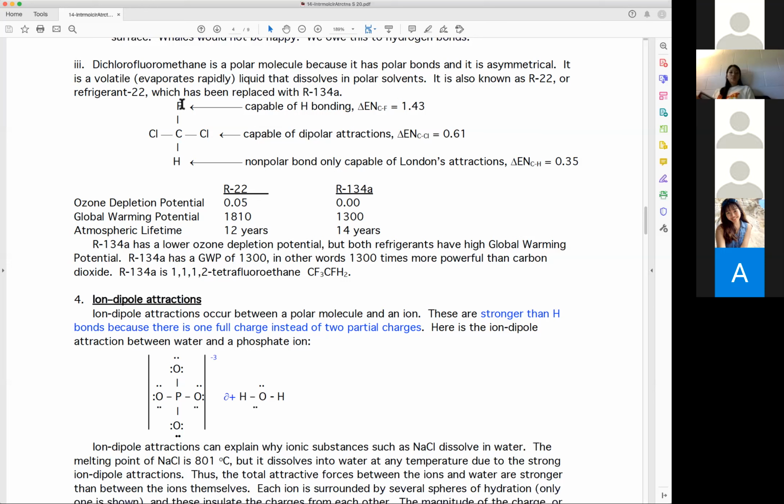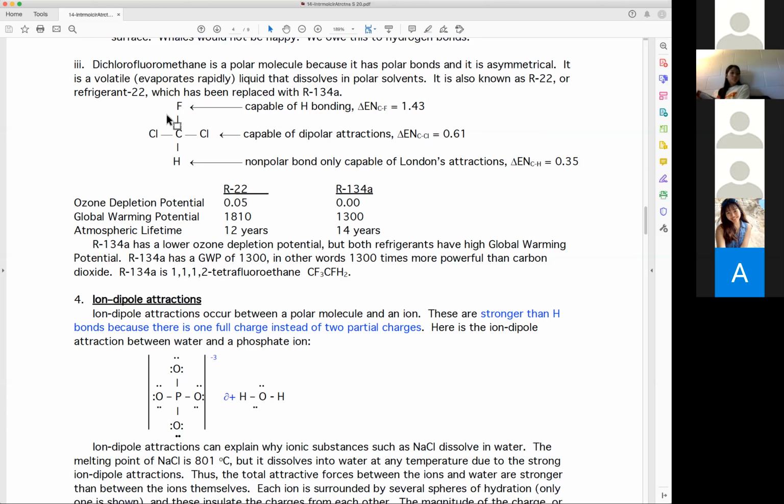This carbon to fluorine at 1.43 is capable of hydrogen bonding. Okay. So now, F, O, or N, right? Here's the F. Would another molecule of R22 be able to hydrogen bond with another R22?